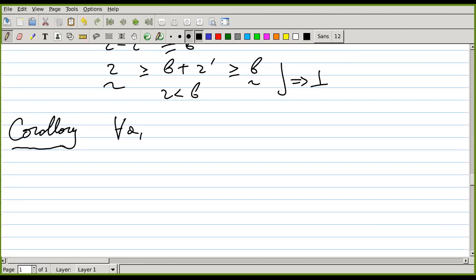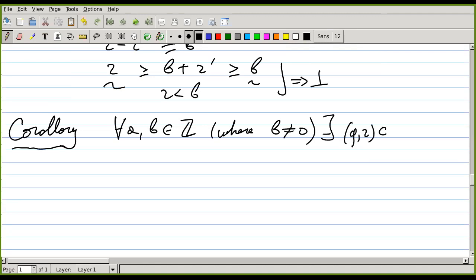For every two integers A and B, where B does not equal 0, there exists a pair of Q and R, where Q is an integer, not necessarily a natural number, while R is still a natural, such that A equals BQ plus R, and R is between 0 and what?